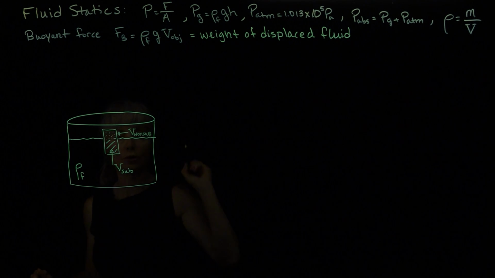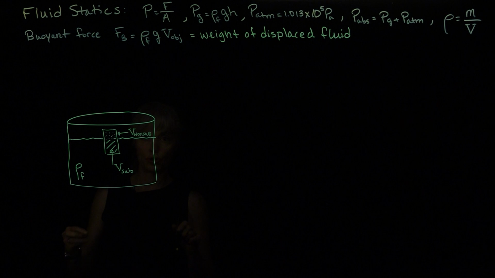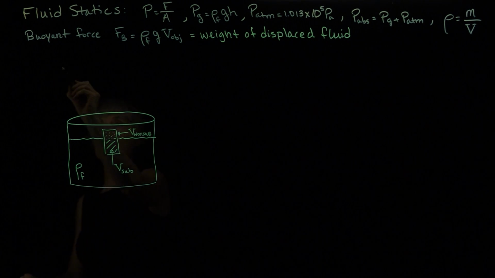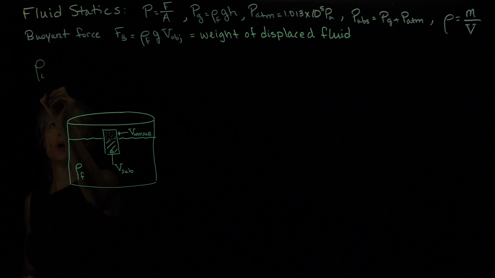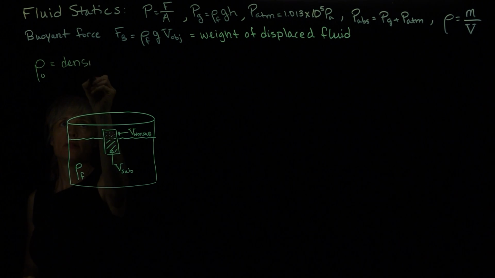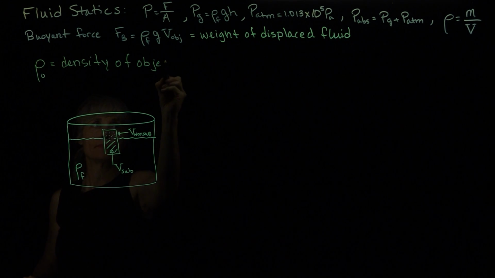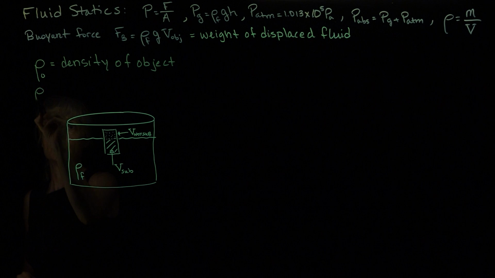So that's the part of the volume of the object that's not submerged. Okay? Now the object has a density as well. So let's use the symbol rho naught for the density of the object. And let's use the symbol, of course, rho sub F, density of the fluid.